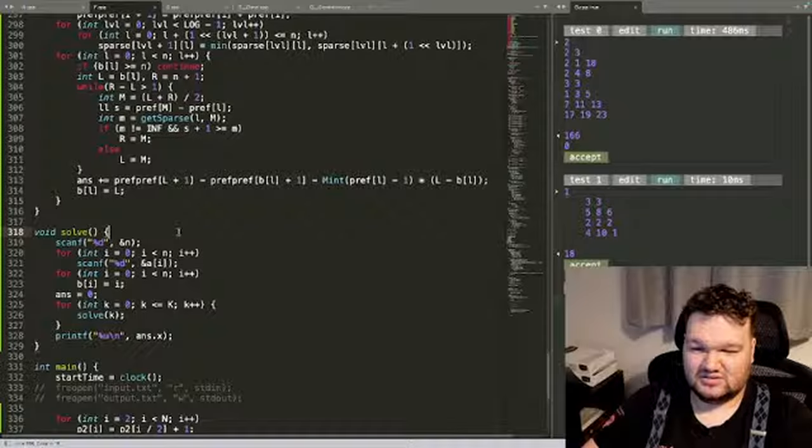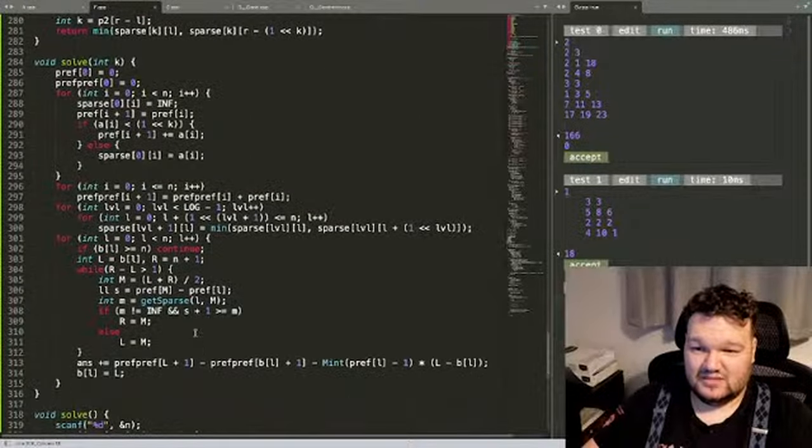Okay, so read the array, initiate borders for each left border where we are standing. Answer is 0. Then we're iterating over k, calling solve k. I'll just print the answer. Solve k. So we're building our data structures.